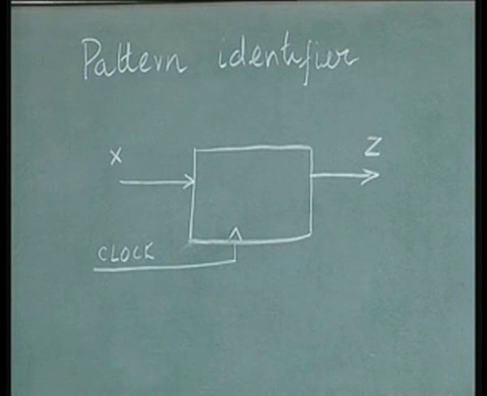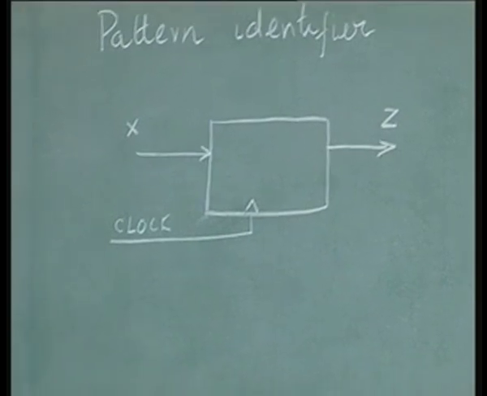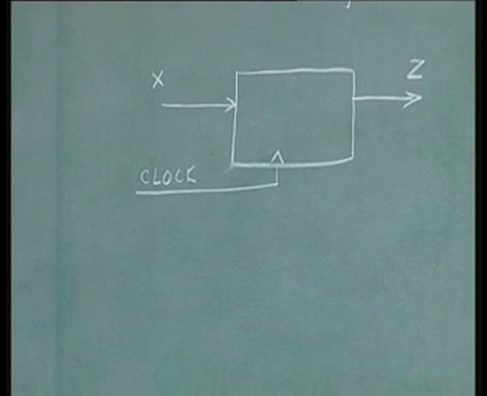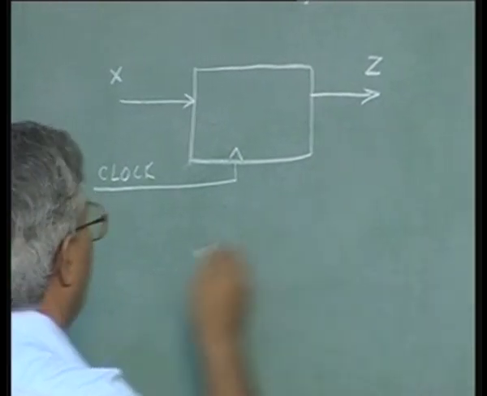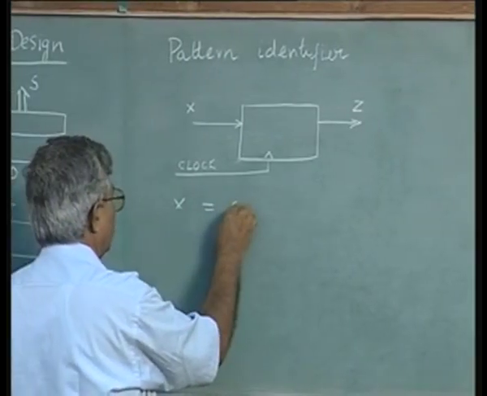Now, let me say for example, I want to detect a pattern of 0 1 1 1, or 0 1 1 0.